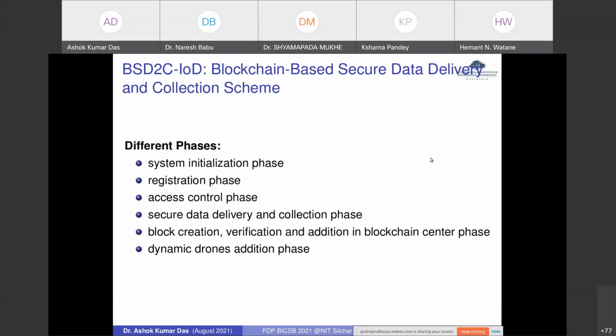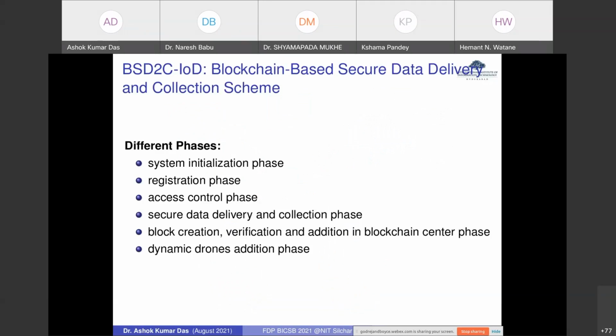For that purpose, at a high level we have various phases. The first phase is known as the system initialization phase, which gives all the system-related parameters.